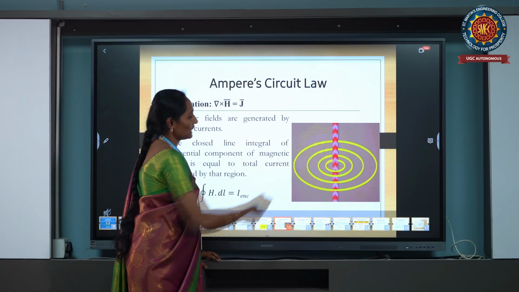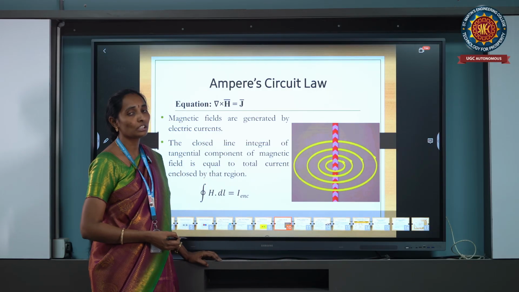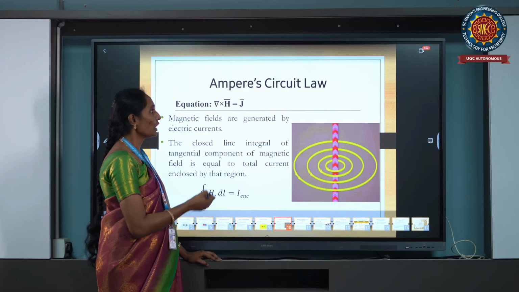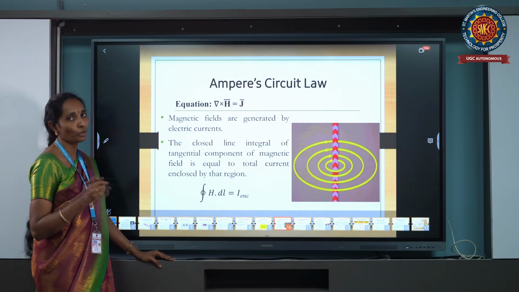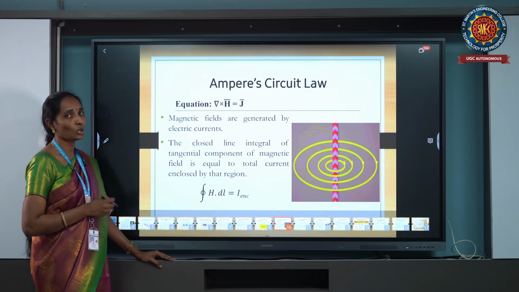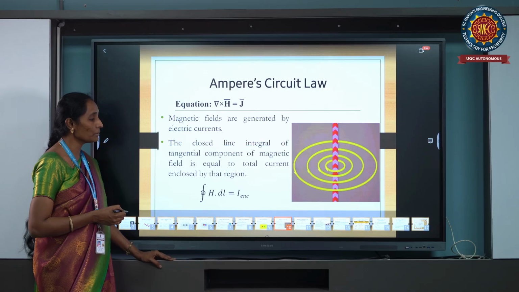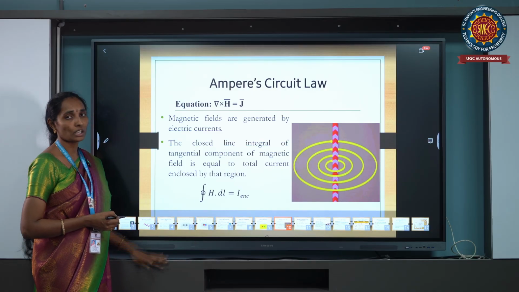According to this diagram, if a current flows through any conductor, a magnetic field is produced. According to Ampere's circuital law, the line integral of the tangential component of H is equal to the total current enclosed by that region. So the magnetic field is produced due to the current.